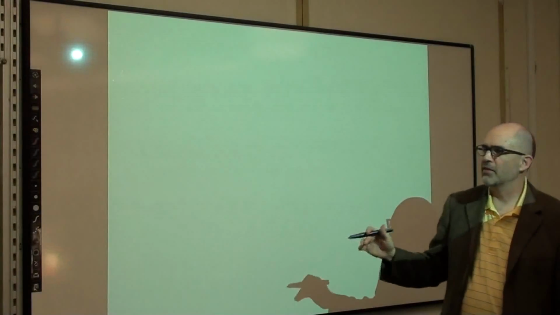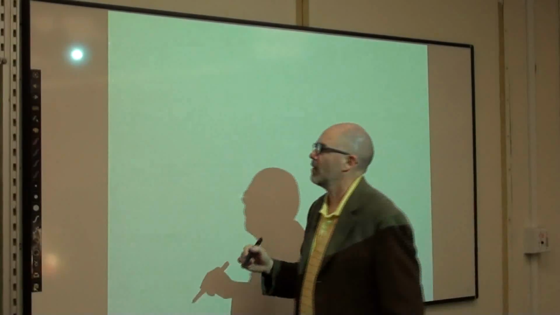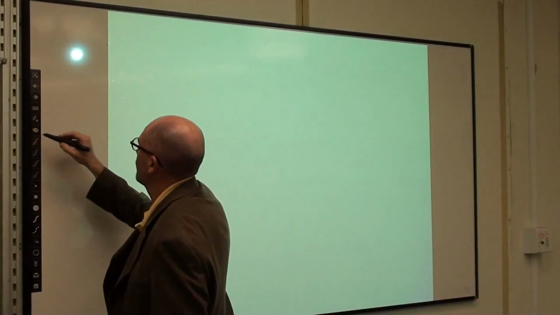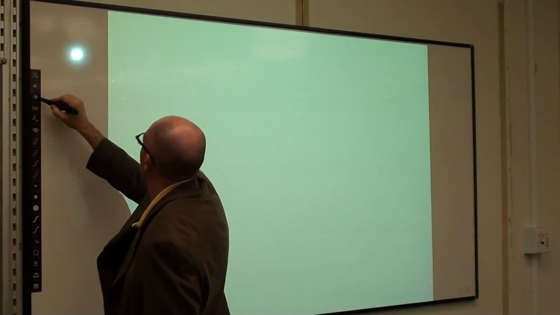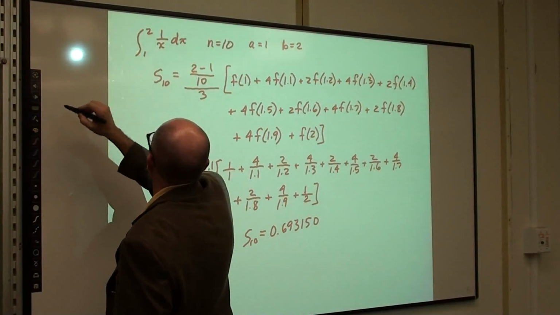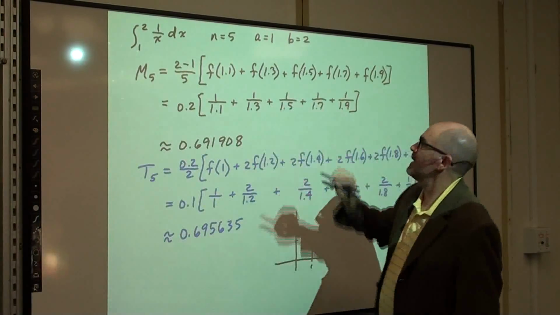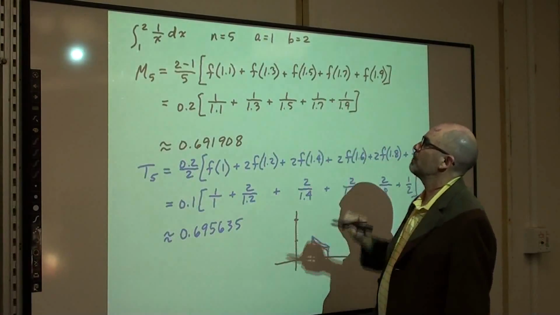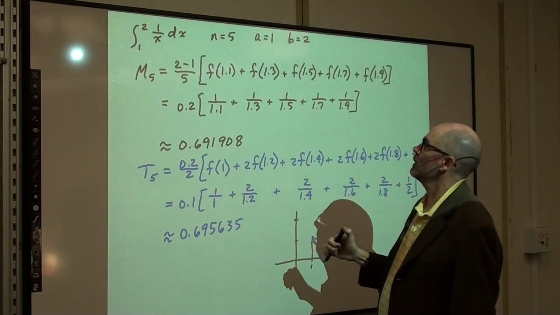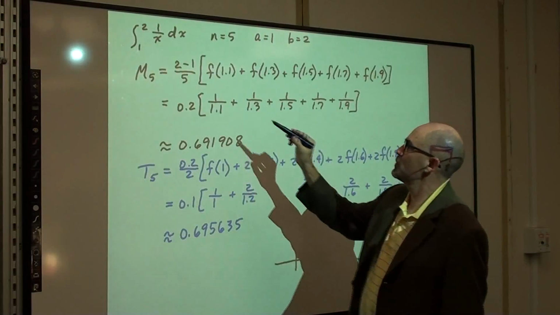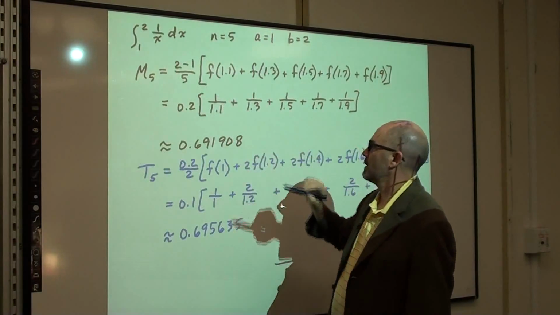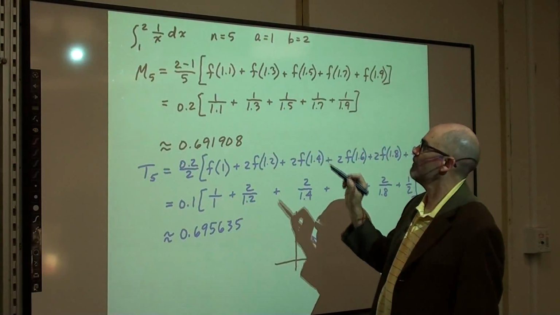All right, let's just calculate the error in all three methods that we just used. So we did the midpoint approximation from 1 to 2 of 1 over x dx. So we want to get the error of that.